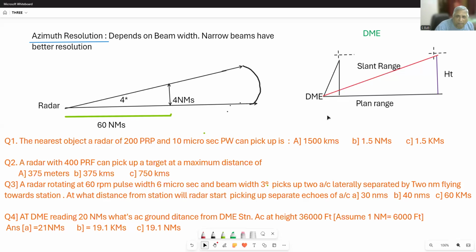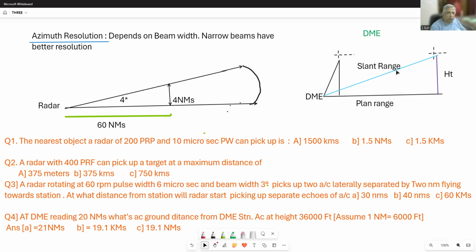So the method is, slant range is given, to find out the ground distance. Or ground distance is given, what will the DME read? It will read the slant range. We use the Pythagoras theorem, a square plus b square is equal to c square. And here height should be converted into nautical miles because the distance will be in nautical miles.